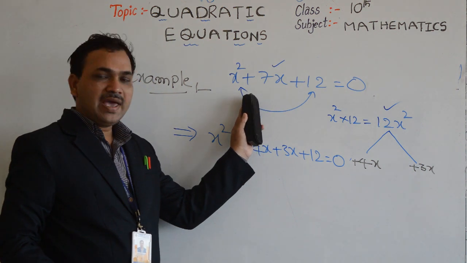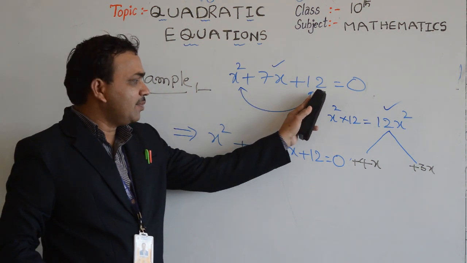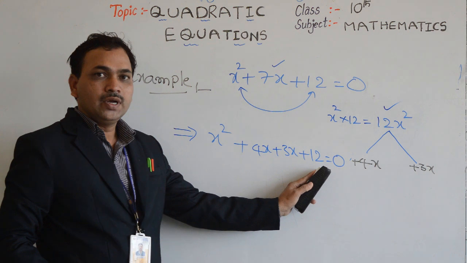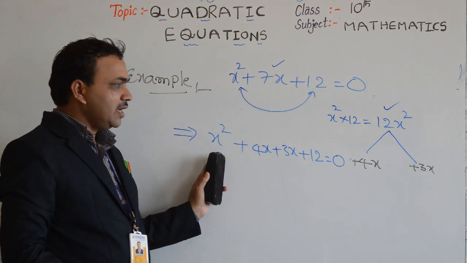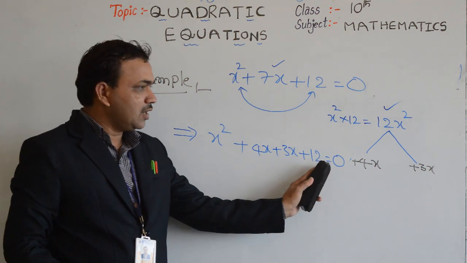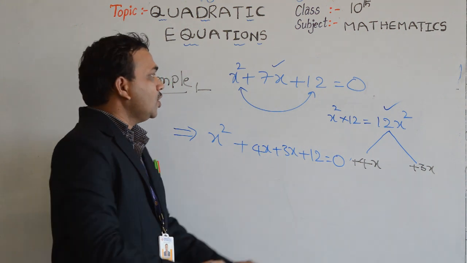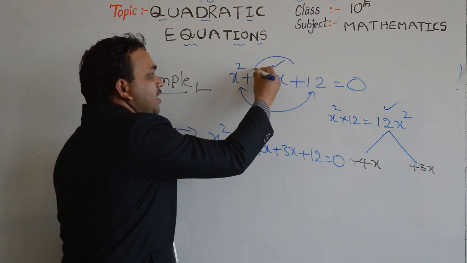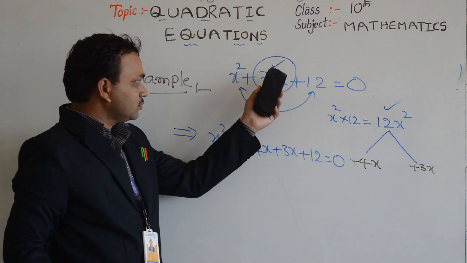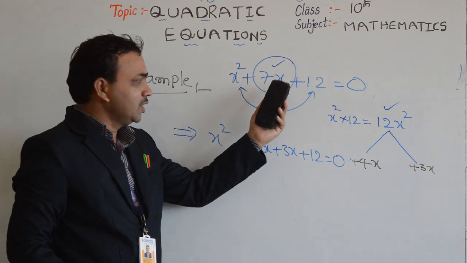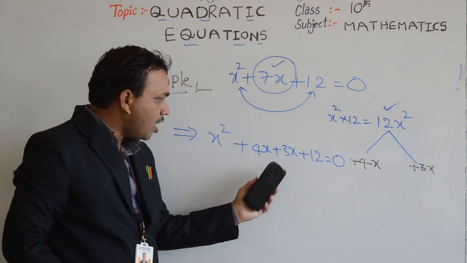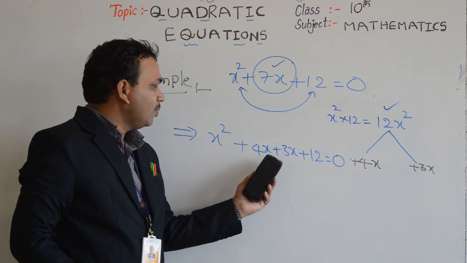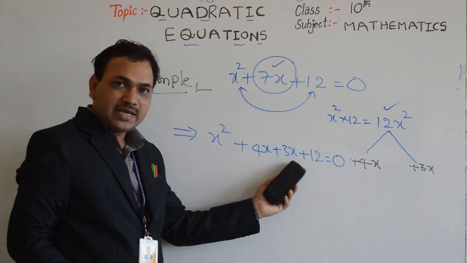The coefficient number is the same as it is, and the constant number is also the same as it is. Now we can see x square same as it is, and 12 also same as it is. Now only the middle term is changing. What is the middle term? 7x. So 7x is replaced by what those numbers are taken? Plus 4x plus 3x.